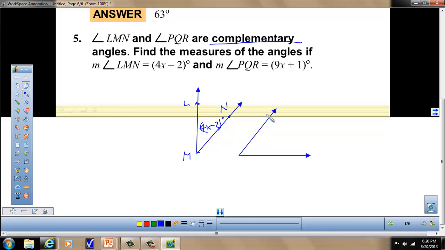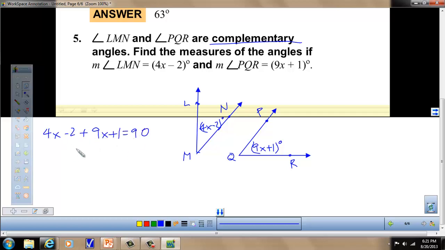So in this case, we can call this P, call this Q, and R. And this will be 9x plus 1. Now if we look at these two angles, since they're complementary, we know they equal 90 degrees together, so our equation is 4x minus 2 plus 9x plus 1 equals 90. Combining like terms, we get 13x minus 1 equals 90.